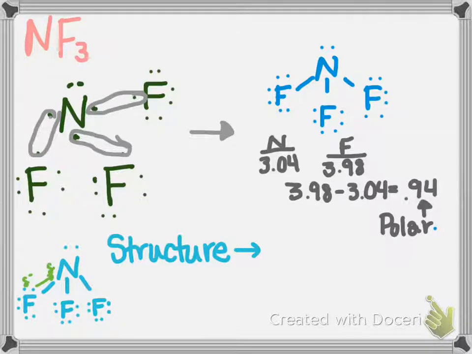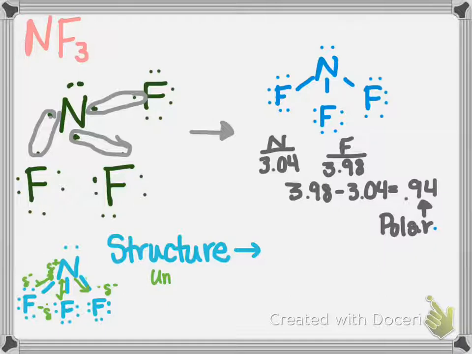So fluorine is going to have a slightly negative charge, whereas nitrogen is going to have a slightly positive charge, okay? So with that, our electronegativity is actually going to be pointing towards our fluorine. Okay, our electronegativities are going to be pointing towards our fluorine because it has a higher electronegativity, resulting in slightly negative charges on our fluorines and a slightly positive charge on our nitrogen.